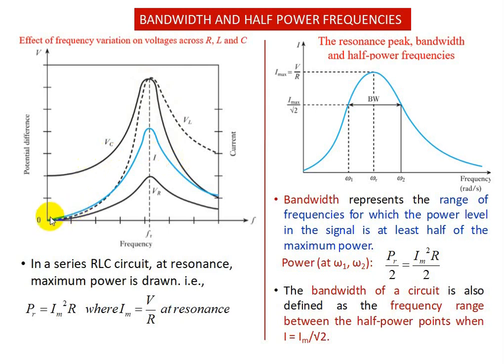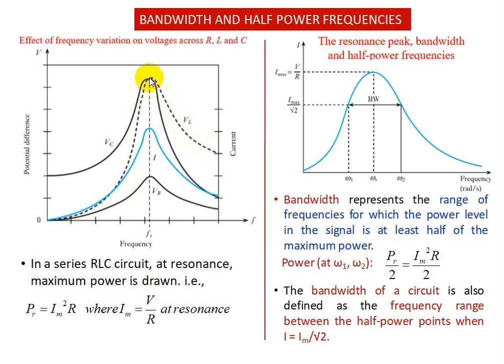Then coming to VL, at low frequencies the voltage across inductance is less, and as frequency is increased, voltage across inductance also increases. At resonance it becomes maximum, and with further increase in frequency, voltage across inductance also reduces.